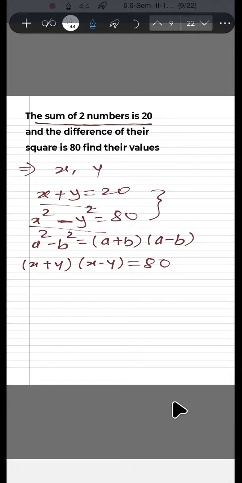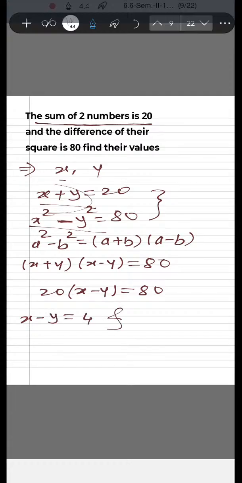See students, x plus y I have already considered as 20. Therefore the same statement I can write as 20 times x minus y is equal to 80. Correct? Therefore here I can write x minus y is equal to 4, and x plus y is equal to 20.